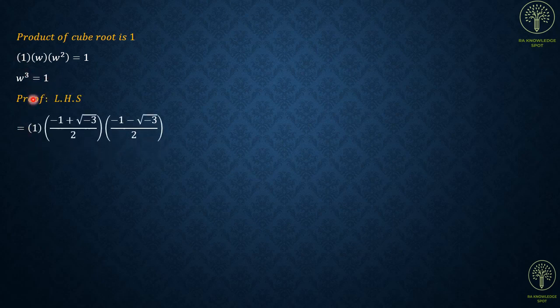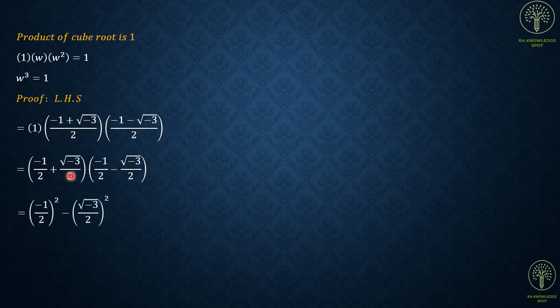Now putting in the values of omega and then omega square. Dear students, we can write minus 1 by 2 plus this by 2, times minus 1 by 2 minus this by 2. When we have two numbers on the upper side, adding or subtracting, we can separate them like this. Now this is the formula a plus b times a minus b, that is a square minus b square. Now 1 square gives you 1, because the even power makes the minus vanish, and 2 power 2 means 4.